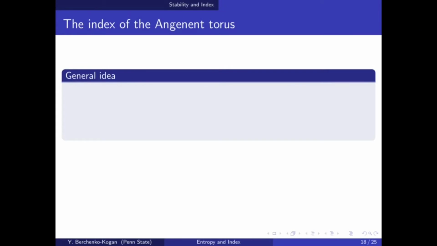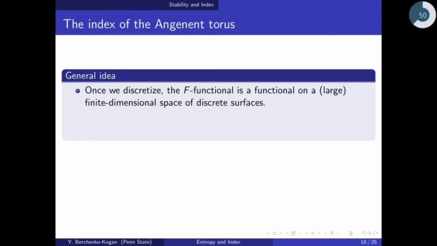Okay, so how might we compute the index of the Angenent torus? Well, the general idea is the same one I discussed, which is that instead of having a surface, which is a member of an infinite dimensional space of surfaces, we somehow discretize. So maybe we triangulate the surface, so now we have a lot of vertices on the surface, and we interpolate between the vertices with something piecewise linear.